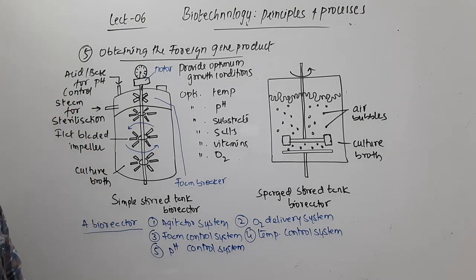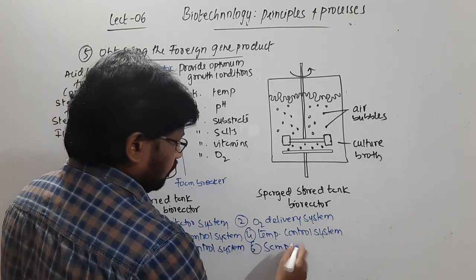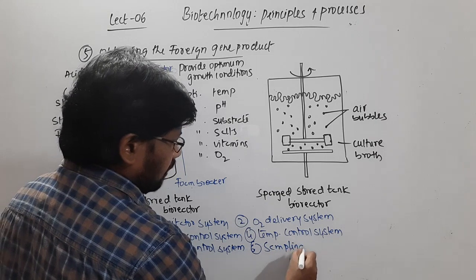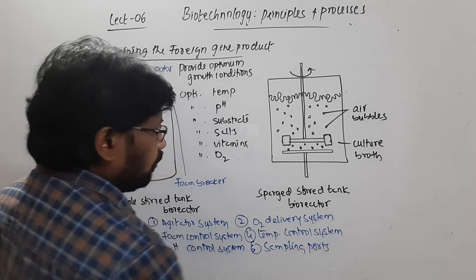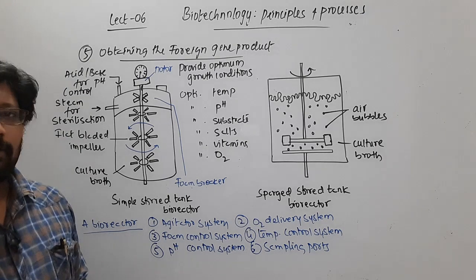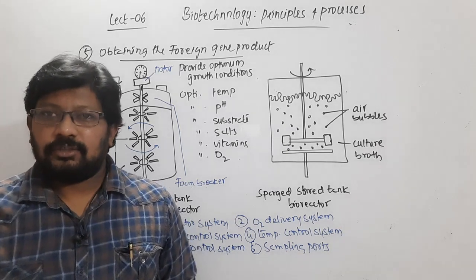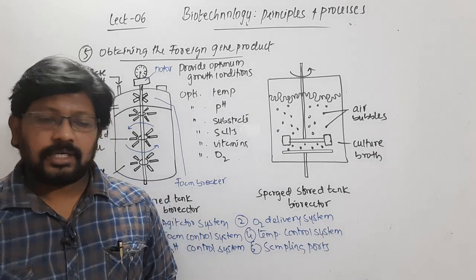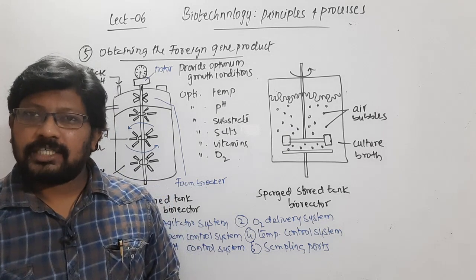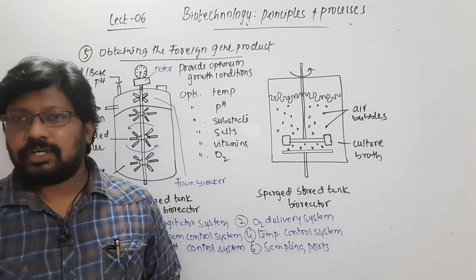It will also have the sampling ports. These sampling ports allow withdrawing small volumes of culture to see how well the culture is going, whether some other microorganisms are growing along with it, or whether the reaction is going well.